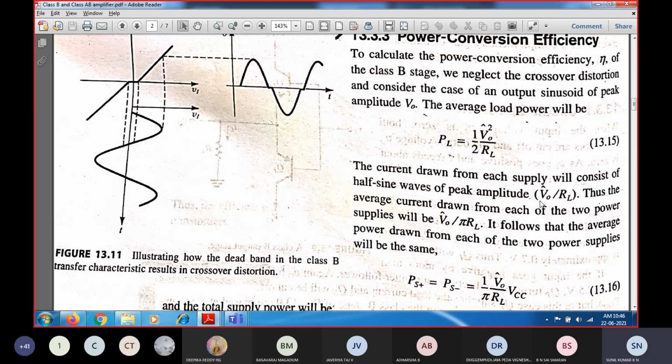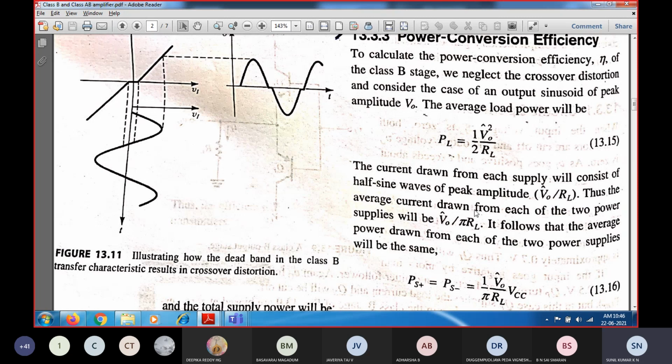The average current drawn from the power supply will be equal to V0 peak divided by RL. This is a half sine peak amplitude, right? So this is the current expression. Thus the average current drawn from each power supply will be equal to 1 by pi times V0 divided by RL.